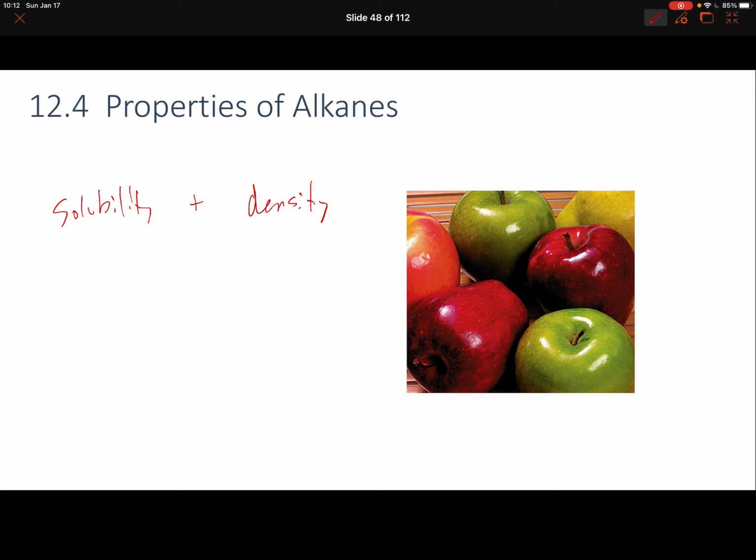So the solid alkanes that make up waxy coatings on fruits and vegetables maintain moisture, inhibit mold, enhance the appearance. So we're going to talk about differences in alkane properties. Now the learning goal for this section would be just to be able to identify the property of an alkane and to write a balanced chemical equation for combustion.